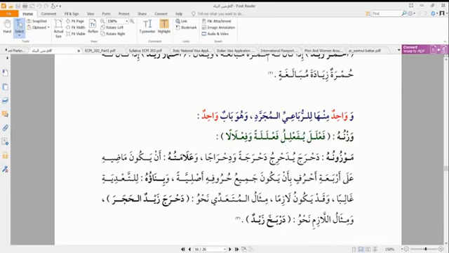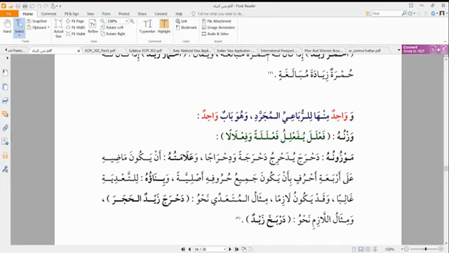So that is how fa'lala works. An example, mithalul muta'addi nahwu dahraja zaidun al hajara. Zaid rolled the rock. So we can see that there is a maf'ulun bihi, there is an object, so that makes it muta'addi.